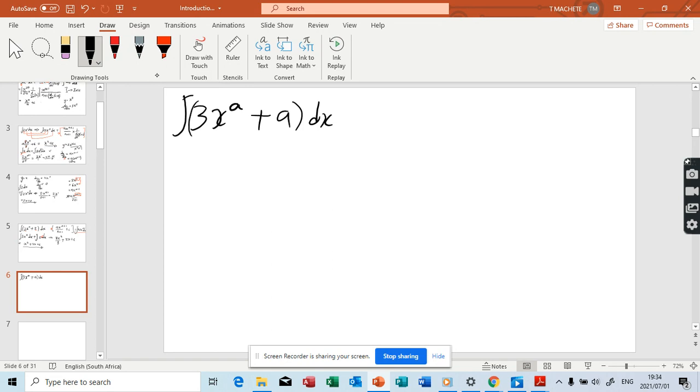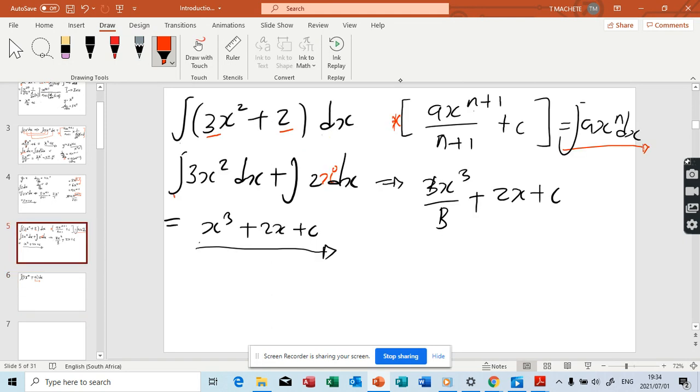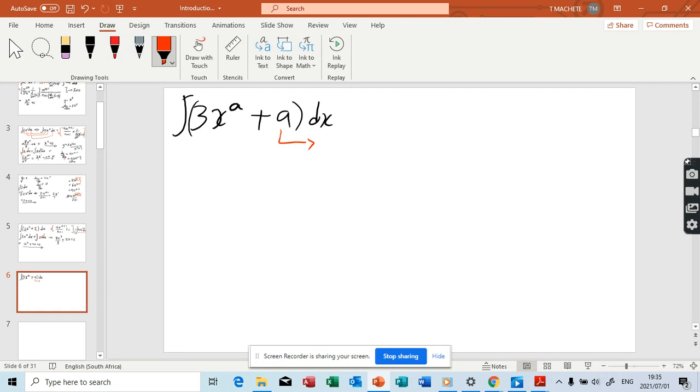You see this a? Can someone tell me what this a is? From the previous example, what was this 2? Okay, so what's this a? Remember, it's a constant as well. This is a different question, guys.